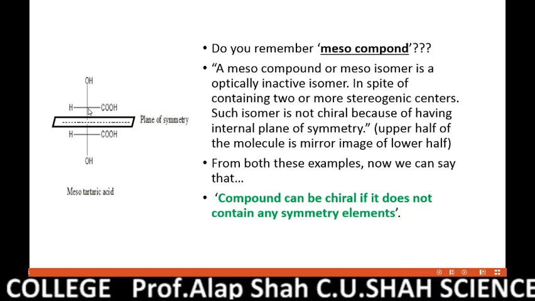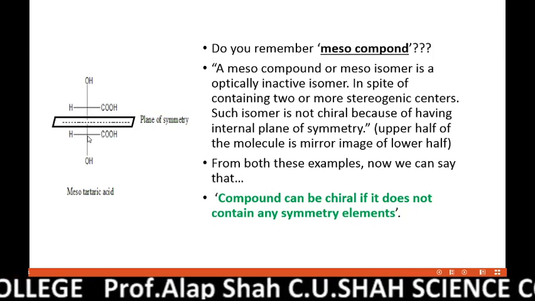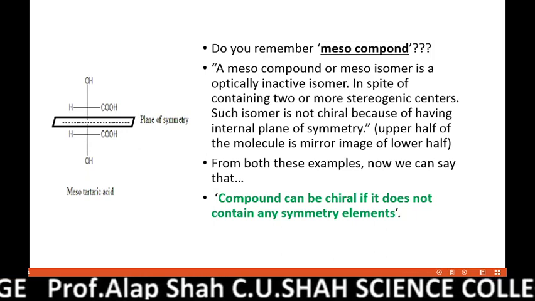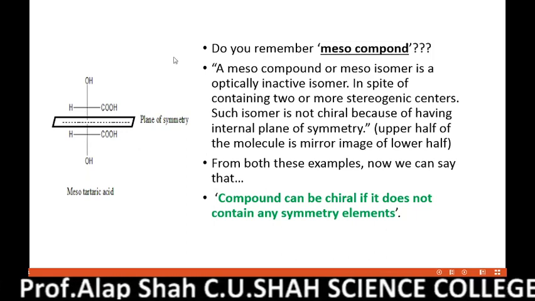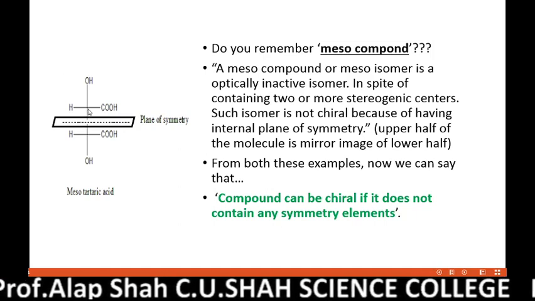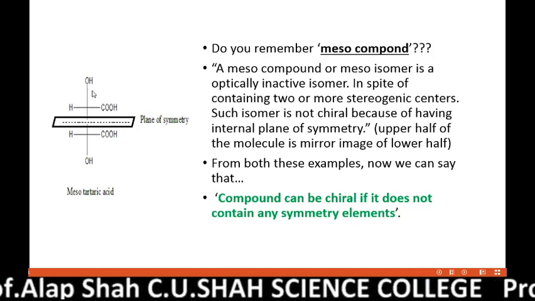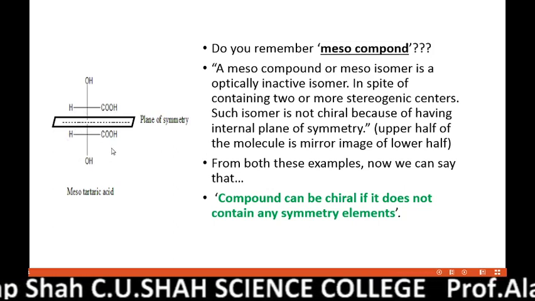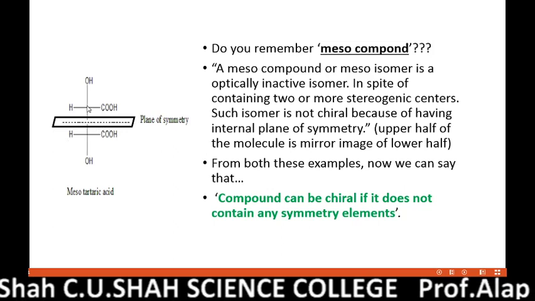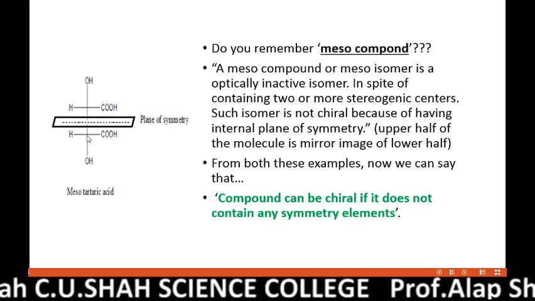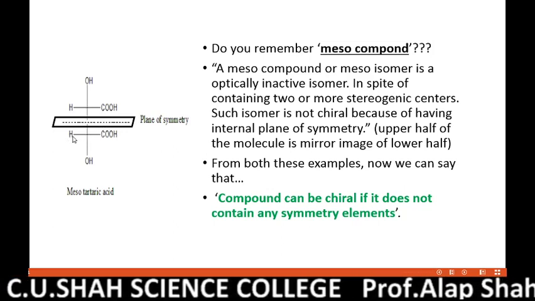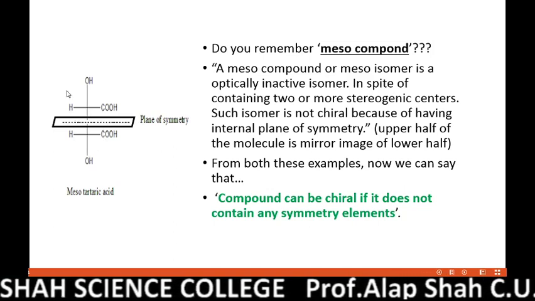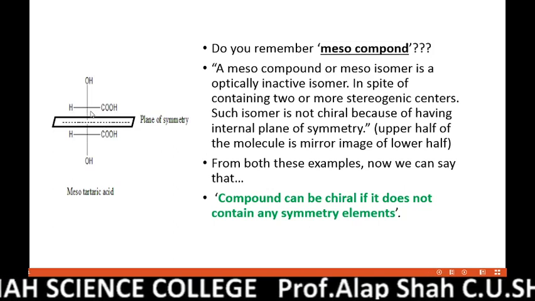Now this and this carbon are both actually chiral carbons, because you can see that with both the carbons, hydrogen, hydroxyl, carboxylic acid, and if we consider this whole part as a group, four different groups are attached. So here also with this carbon, hydrogen, OH, COOH, and this whole part as one group are attached.